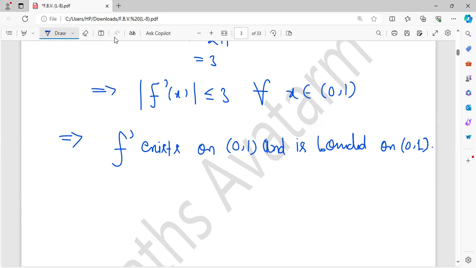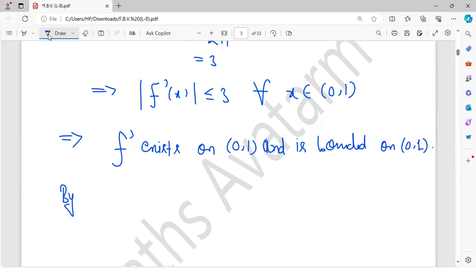So by the result in the last lecture, what we have? The function is continuous on closed interval [0, 1]. It is differentiable on open interval (0, 1), and its derivative is also bounded on open interval (0, 1).